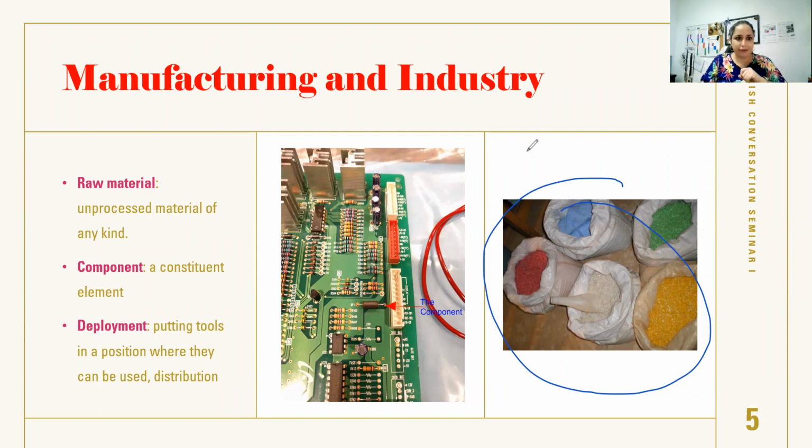Component, a constituent element. And I used an example here. You cannot see it with that color. The component, a part of something. Deployment, putting tools in a position where they can be used. A distribution of things. It's not like the layout.